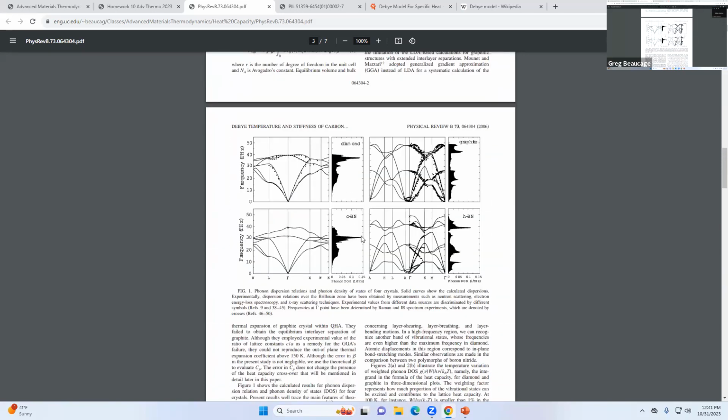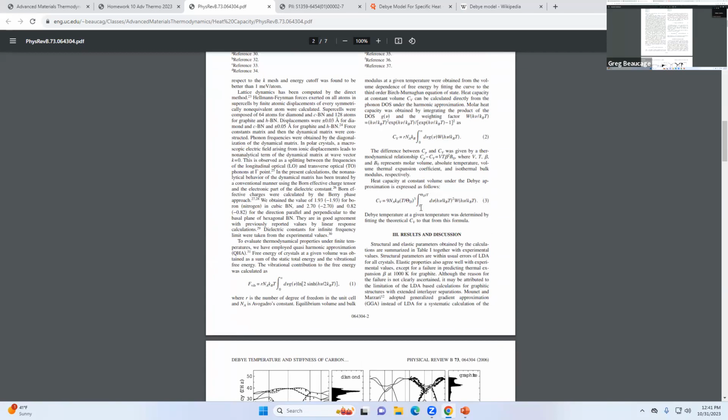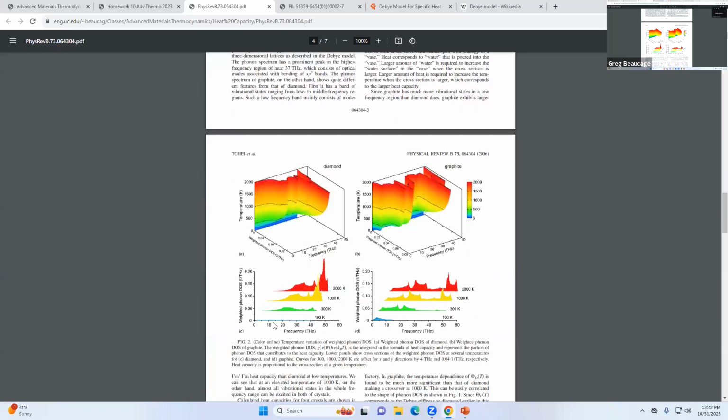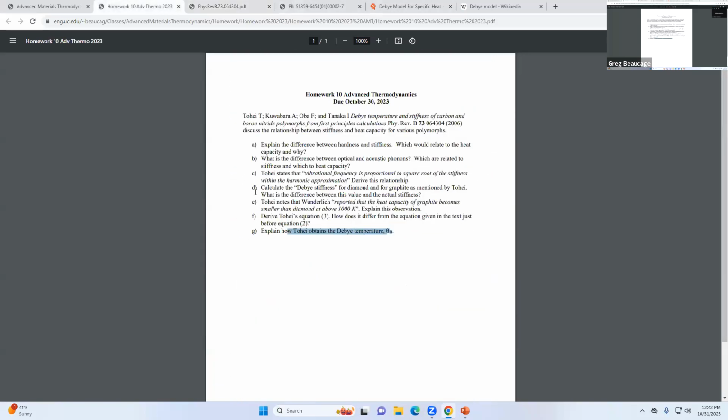So he does a fit to get the Debye temperature out of it, at high temperature. That's how he gets it. So that's that one. Hopefully that's okay. But like I said, I only graded two of them, so one did exactly what I just said, and the other one didn't. It's just hard to tell how people did on it.